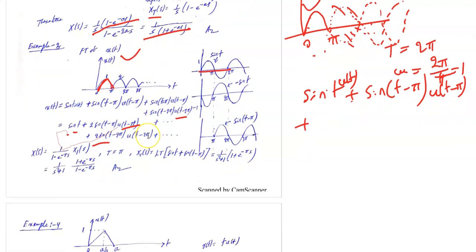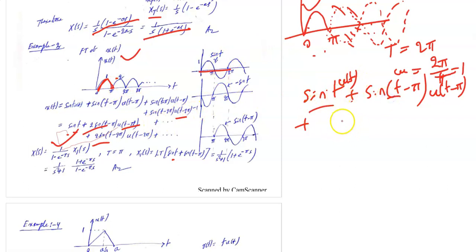So find the Laplace transform. You can find the Laplace transform this way or by using the formula, that is 1 upon 1 minus e to the power minus Ts. T here is pi, times the Laplace transform of 1 period. 1 period we have already seen here.